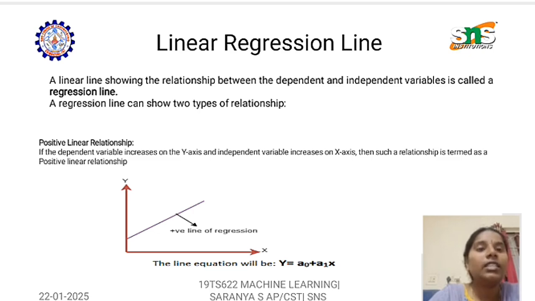A regression line can show two types of relationship: one is a positive linear relationship and the second one is a negative linear relationship.